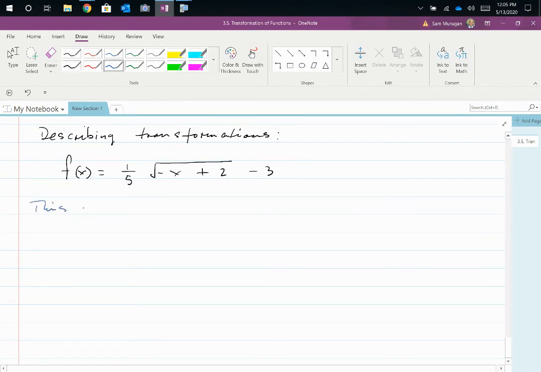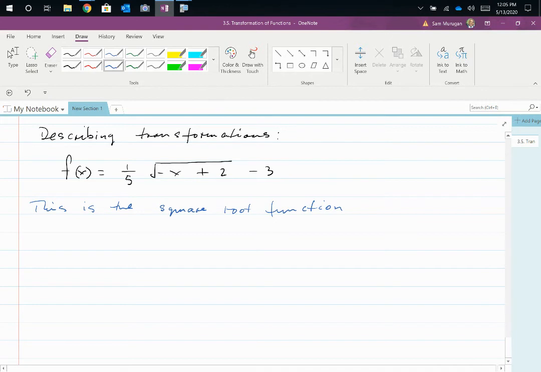This is the square root function. Okay, and you always describe from left to right.